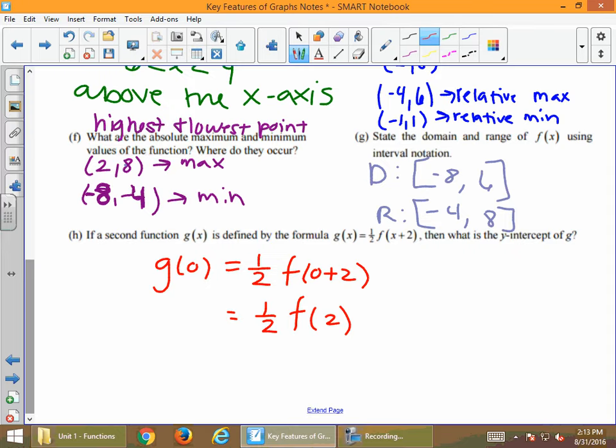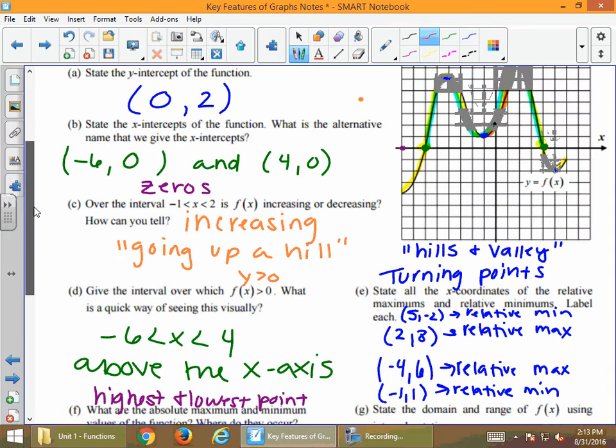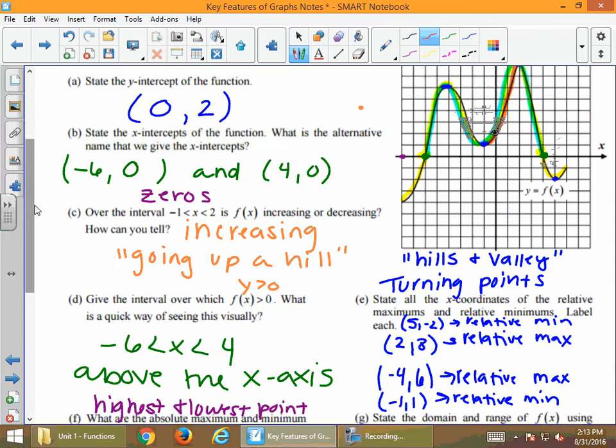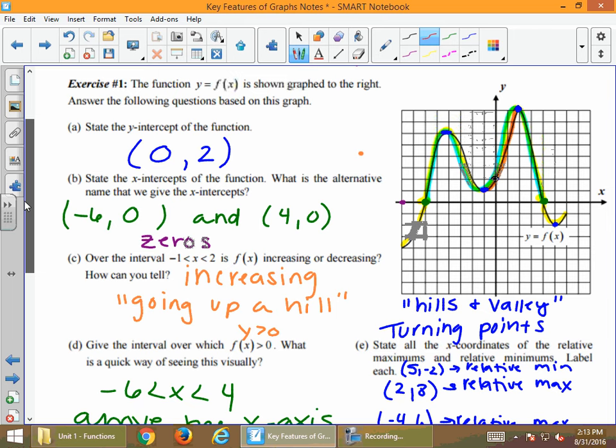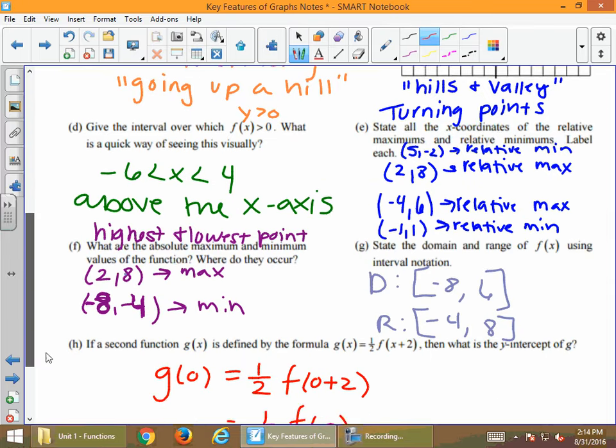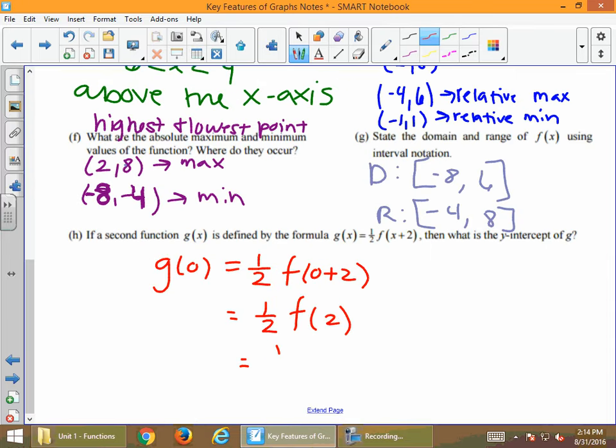We'll go to our graph. Go to the x value of 2. And what's our y value there? 8. So this f of 2 now becomes 8. And what is 1/2 times 8? 4. This is what I was looking for.